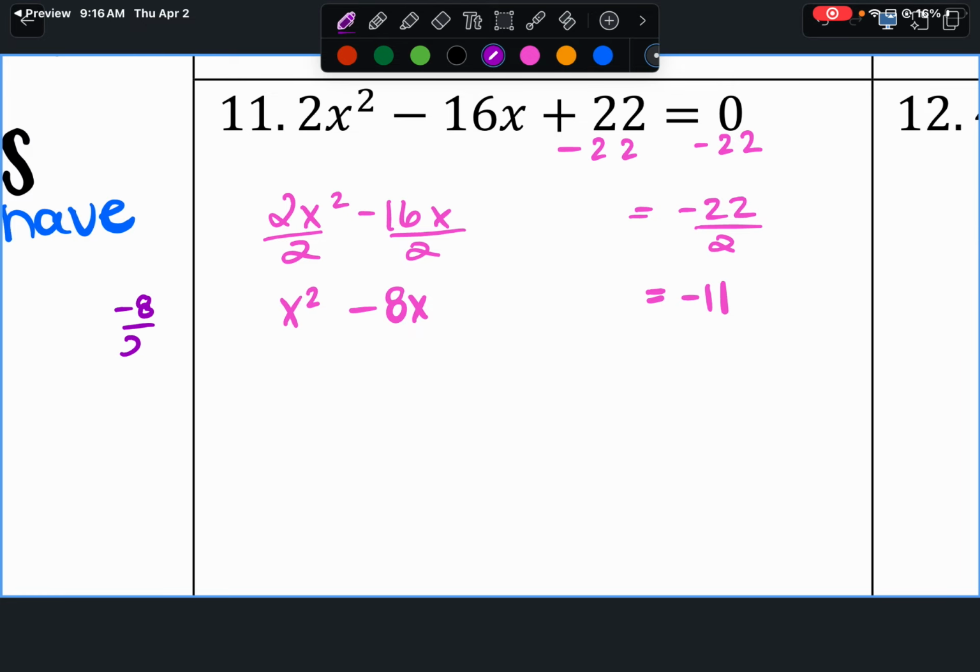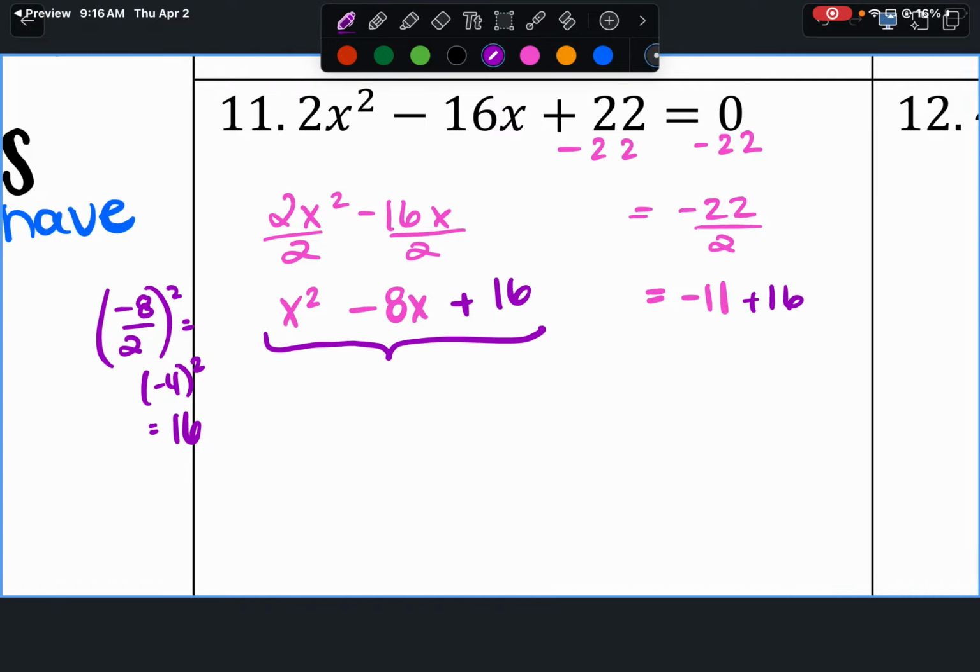Now to write this in factored form, what multiplies to give us 1 but adds to give us negative 2? So we write it as x minus 1 squared equals, what is 4 plus 1? Yes. And then what do I do from there? Square root. So we get x minus 1 equals positive negative.